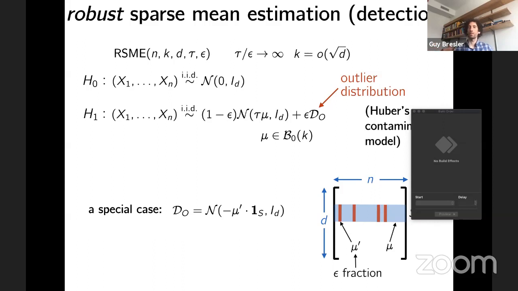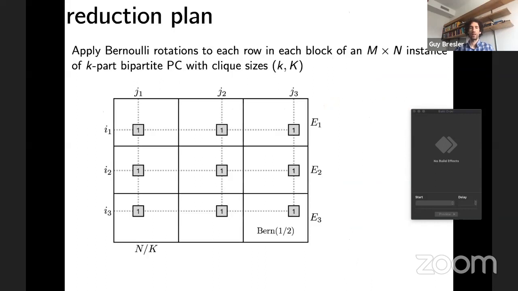And then one can imagine a specific contamination model, a specific adversary in Huber's contamination model, which puts some other mean in a subset epsilon of the samples. These are the red ones. They have some crazy mean mu prime, which isn't the original model specification. And then the remaining ones have the mean mu. This is a cartoon of how this problem looks, and it'll guide us in mapping to it.